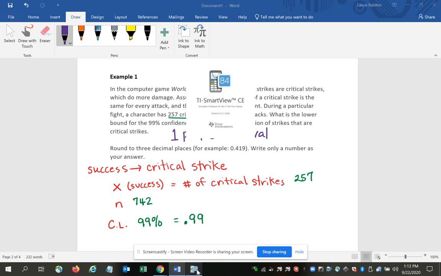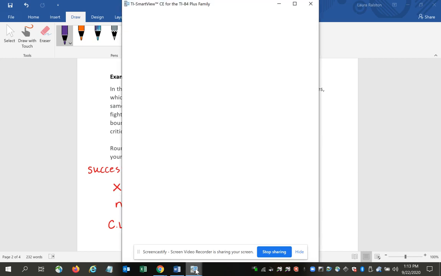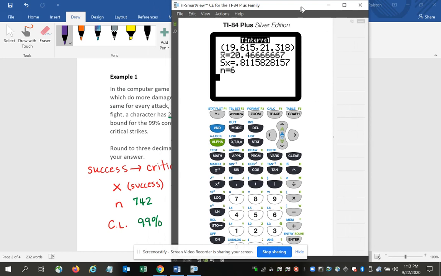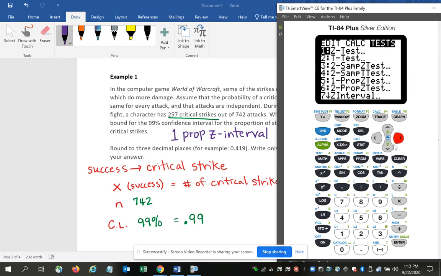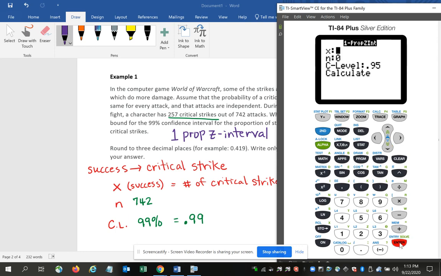As soon as it opens, you're going to go to Stat, arrow to the right 2 times to Tests, and then scroll down until you see 1-PropZInt. I believe it is option A. So we go Stat, arrow to the right 2 times, scroll down to option A, 1-PropZInt, which stands for interval. There's the option I need, enter.